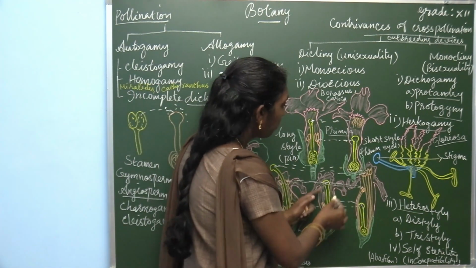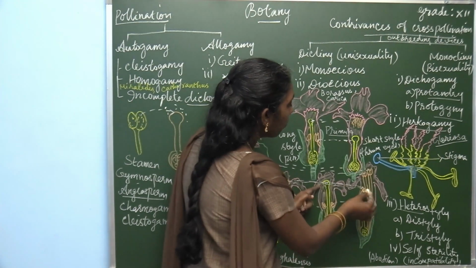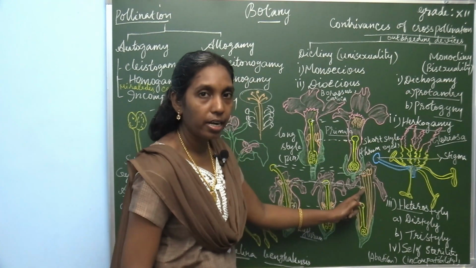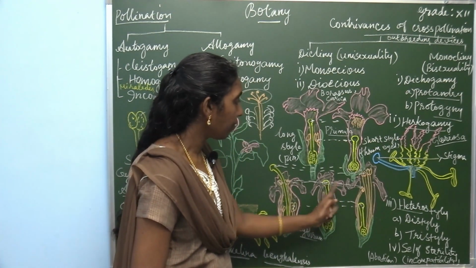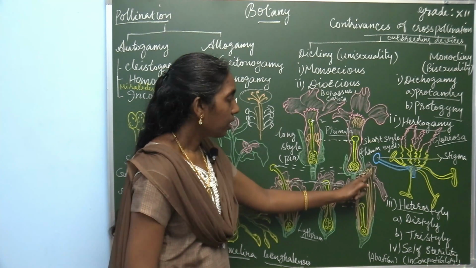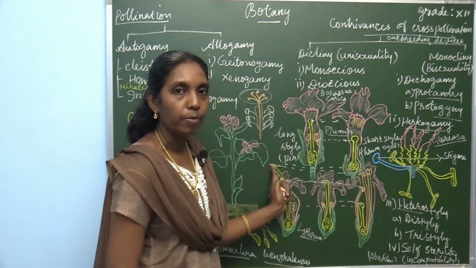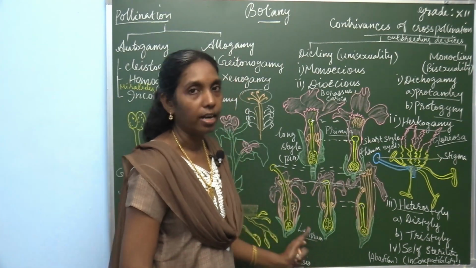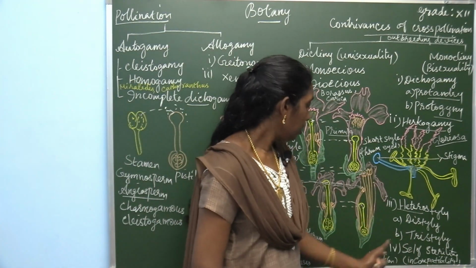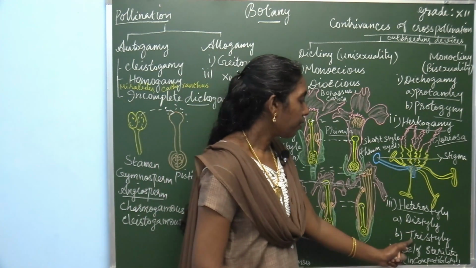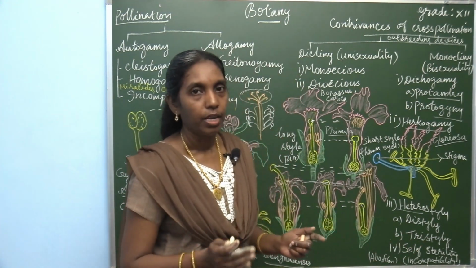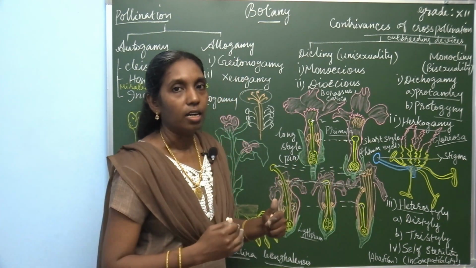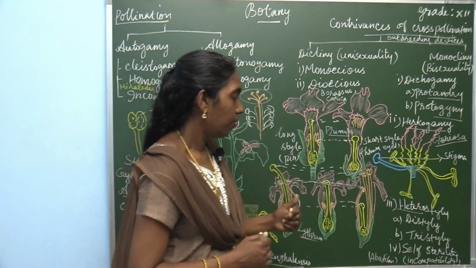Likewise, the pollen from this anther is dusted on this stigmatic surface, and the pollen from this anther on the stigmatic surface of this one. Such is how these flowers are arranged. Example, lythrum, the type of styly is tristyly. Depending on the length of stamen and style, there are different types of flowers.